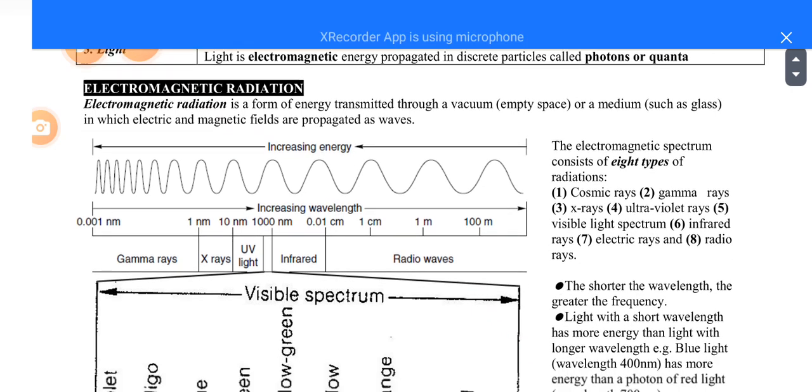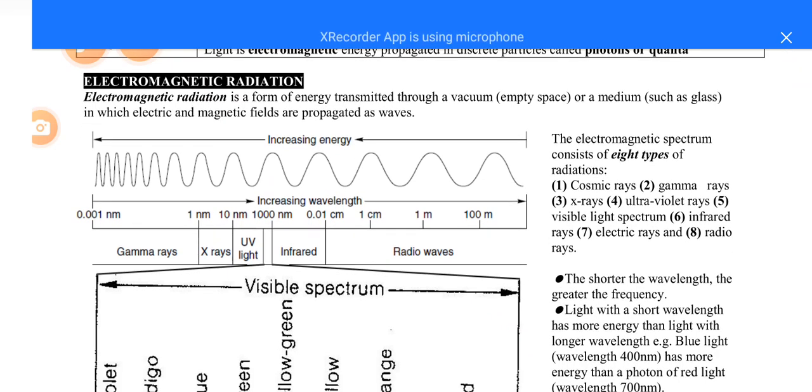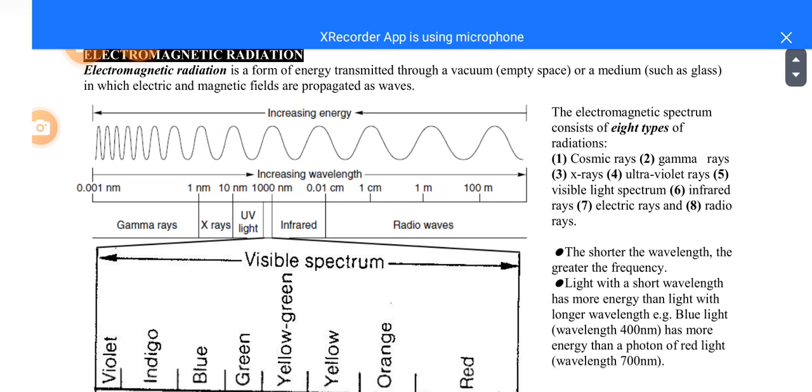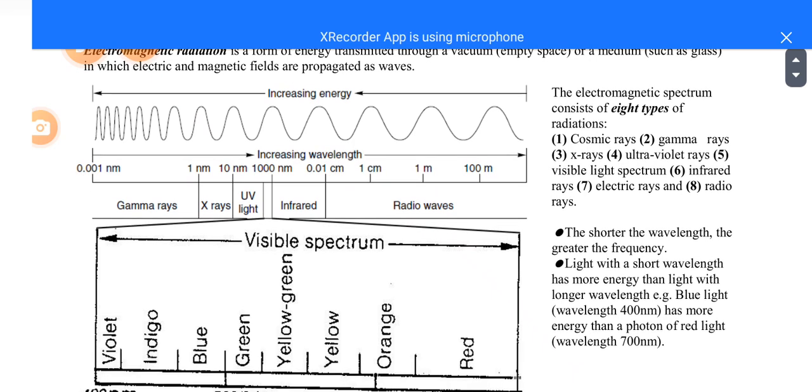So as you can look at that drawing, that diagram below, we have increasing energy, and from right to left, that is the increasing wavelength. That is the structure of the electromagnetic spectrum.